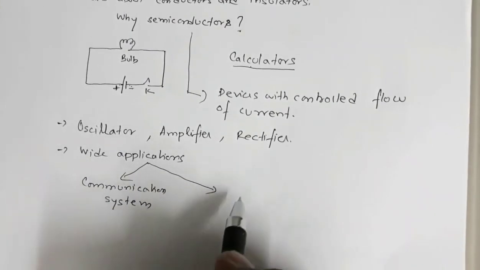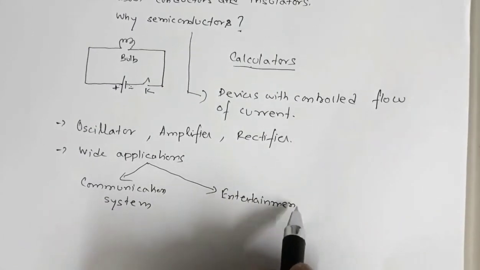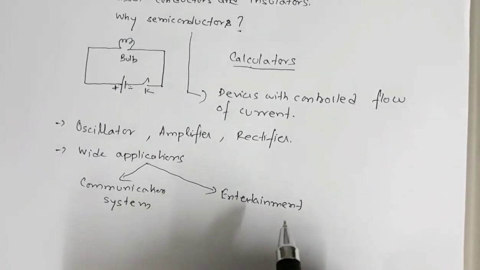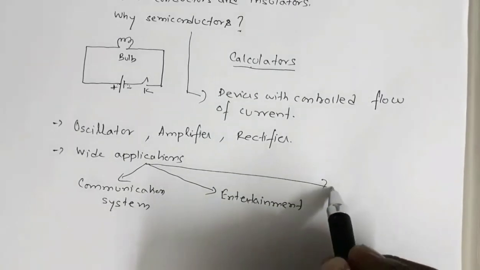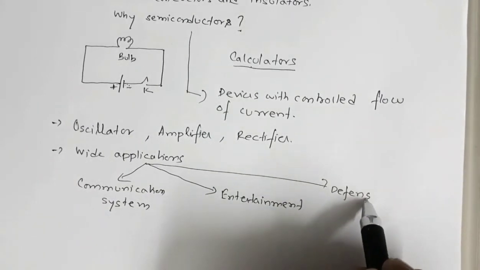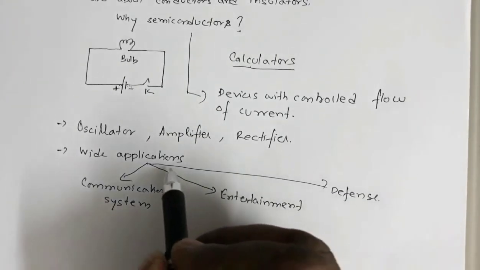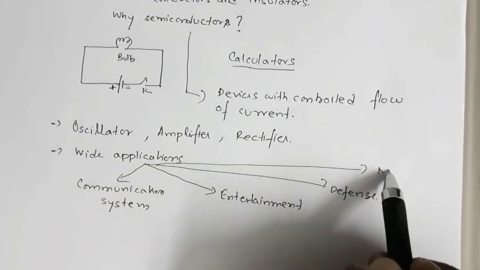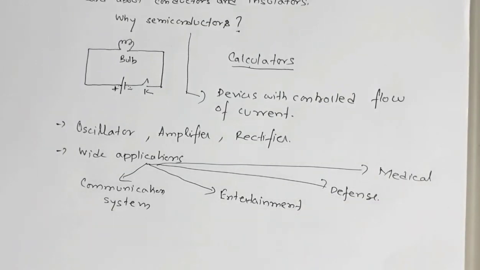They are used in entertainment: the TV broadcast, radio broadcast, the FM channel you hear. In defense, in radar systems and guided missile systems. Then in the medical field, all the medical devices are based on semiconductor devices, on electronic devices.